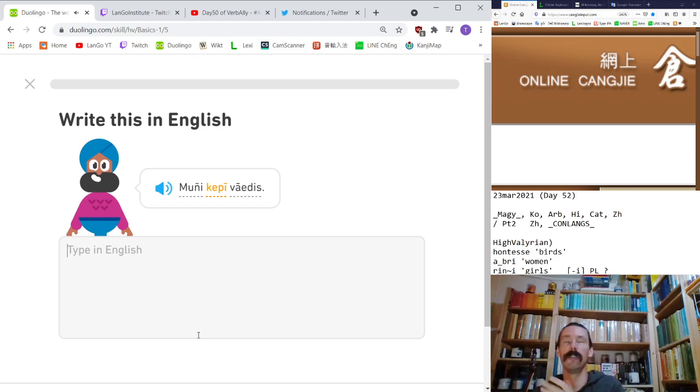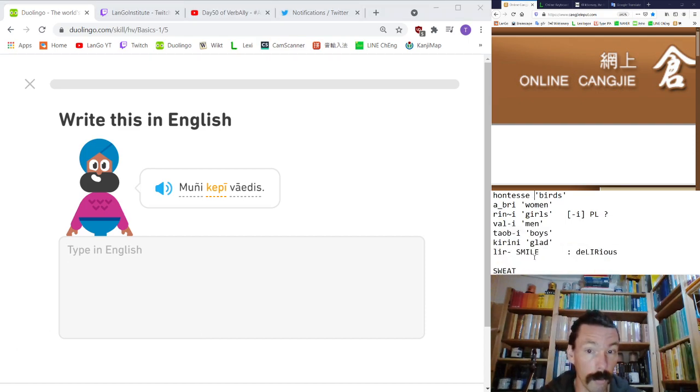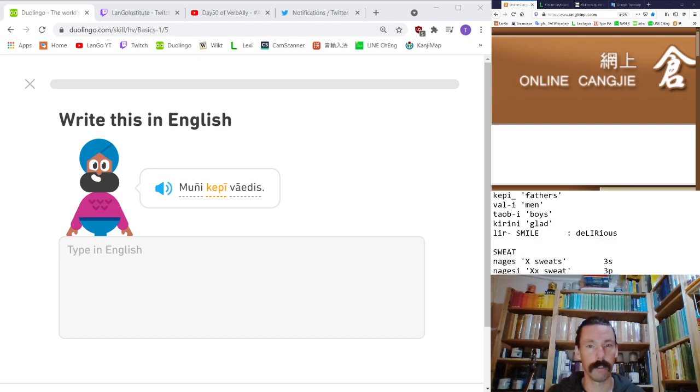Muni kepi vaedis. That was sing, that verb. Kepi, plural for fathers. This one has a long E at the end, unlike the other plurals. Kepi, fathers. Muni, my, or what?